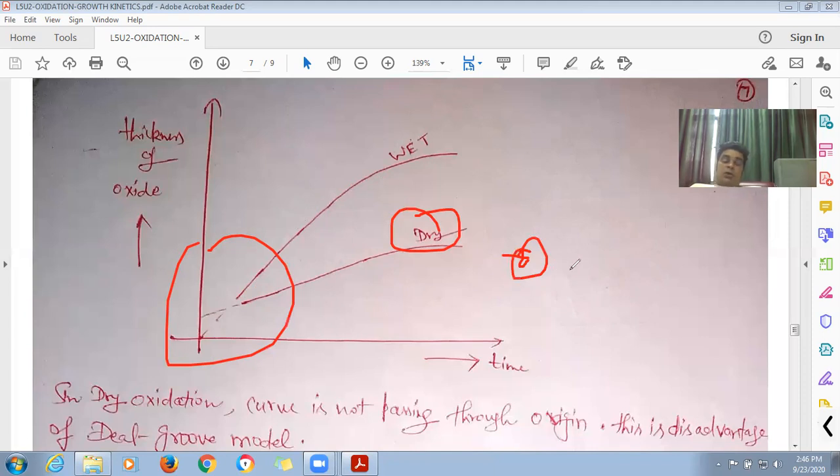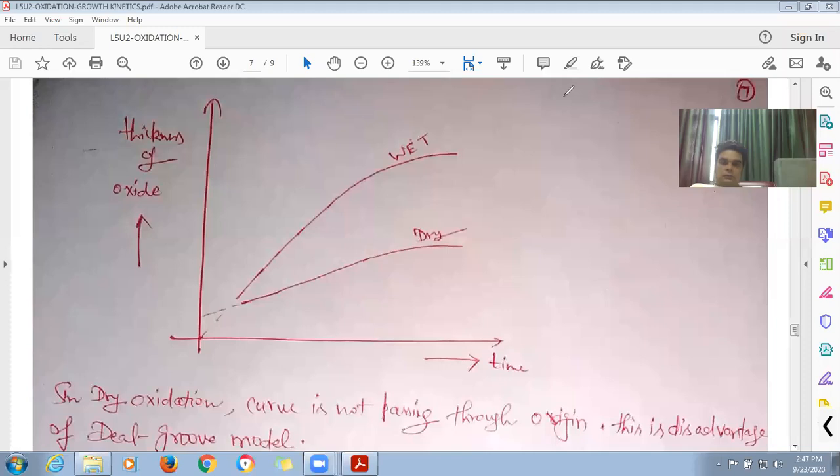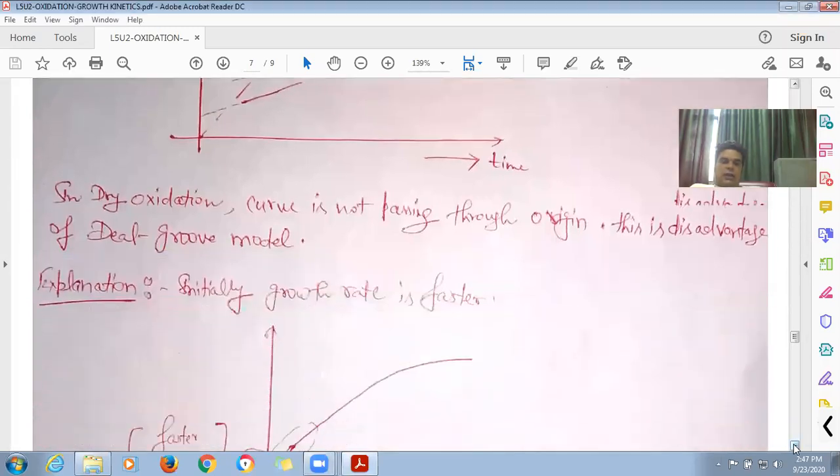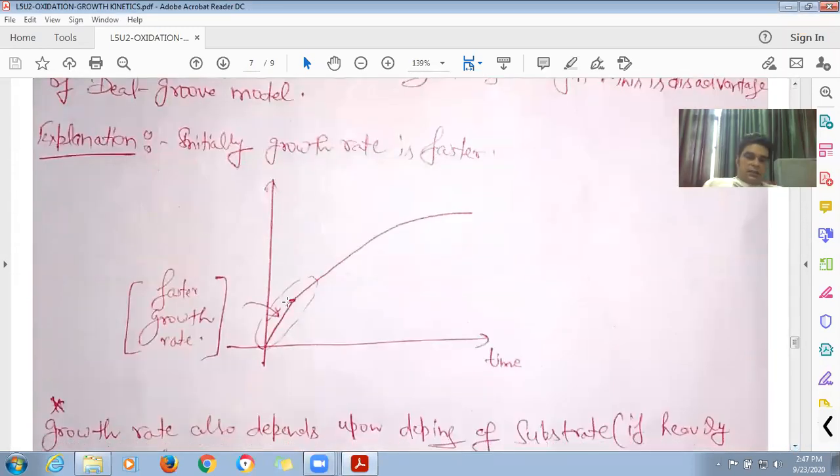Growth rate is not always linear like B/A (t + tau). At initial times the growth rate is as shown in the diagram below. So you can see that in this very small time interval, the growth rate is very high, and this could not be explained by the Deal and Grove model.